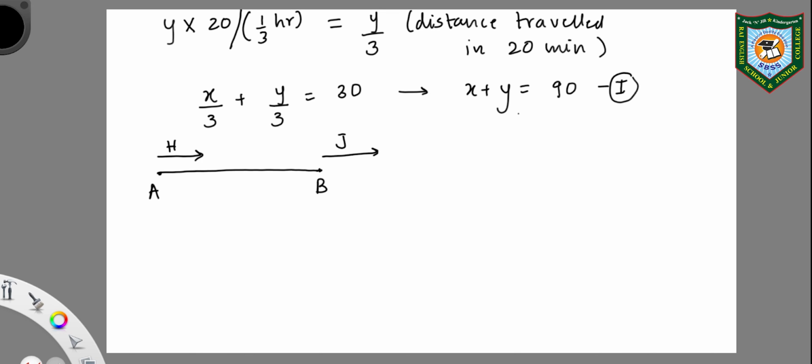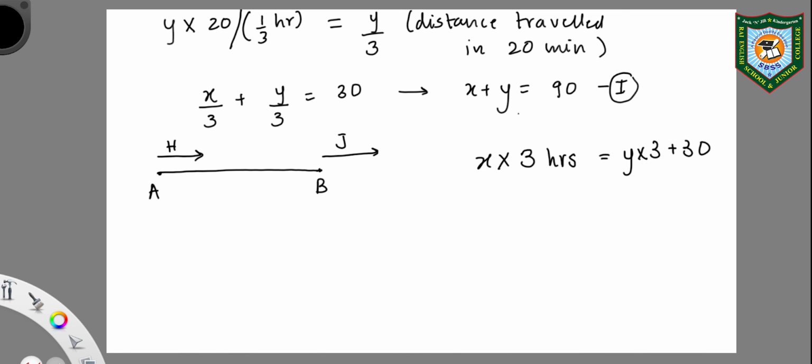That means x into 3 hours is equal to y into 3 plus 30.